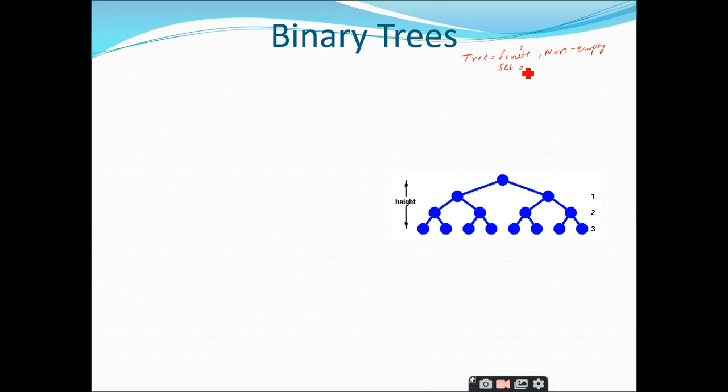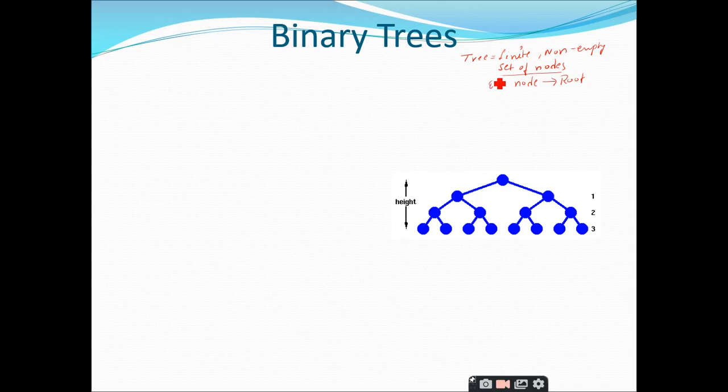As I told, this particular definition does not give the actual meaning of the tree. Though you are saying that it is a set of nodes, or a collection of nodes which are finite and non-empty in nature, you should also add one term. One node in this set of nodes has to be designated as a specially designated node, which we call the root node.